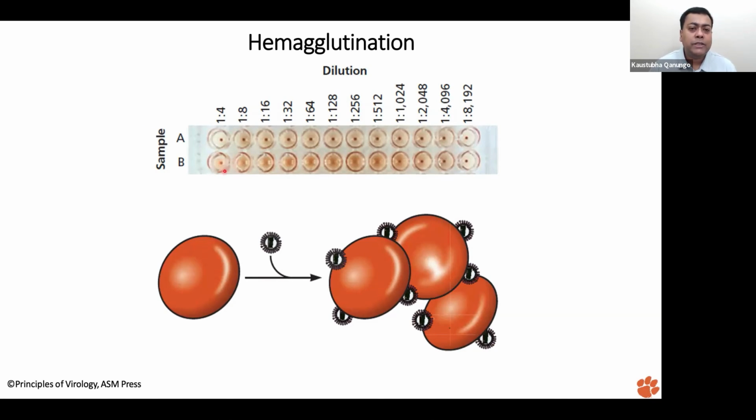This is an interesting thing: at 1:4, which is a very high viral concentration, the virus does have an enzyme which is called neuraminidase. And this is the N that you see all the time. This neuraminidase cleaves the N-acetyl neuraminic acid, and once it cleaves it, that will not allow the virus to attach to the red blood cells, and they will all be separated.